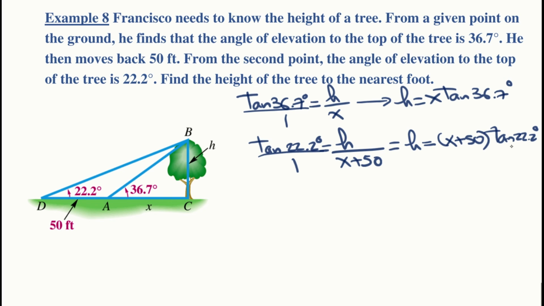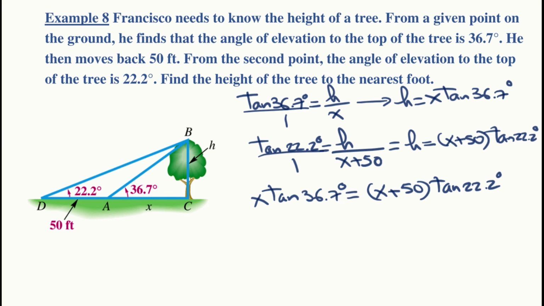So we get x tangent of 36.7 degrees equals quantity x plus 50 times tangent of 22.2 degrees.